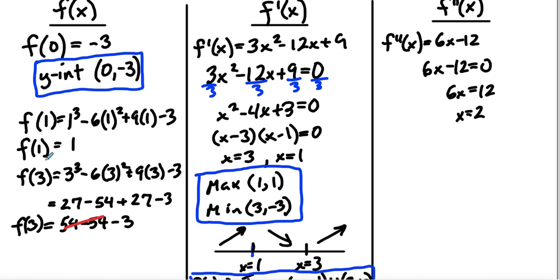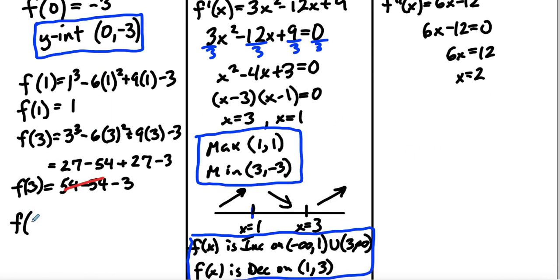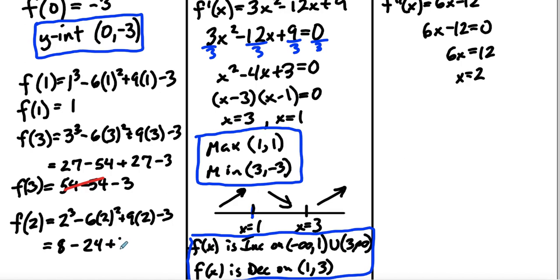Okay, now if I go ahead and input 2 back into the original, I'm going to get my answer here for the y value. And notice this should actually be in the middle here. It should give us negative 1. So let's check and make sure. We get 8 minus 24 plus 18 minus 3.